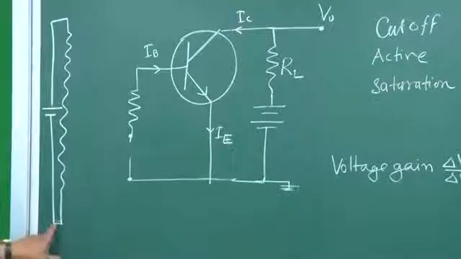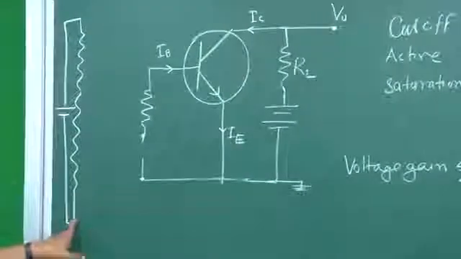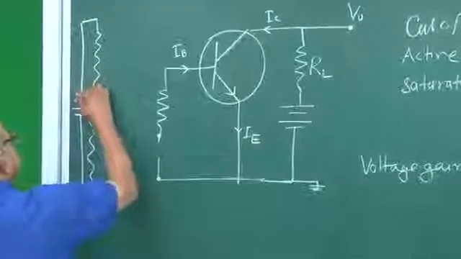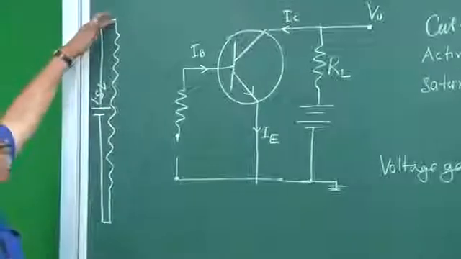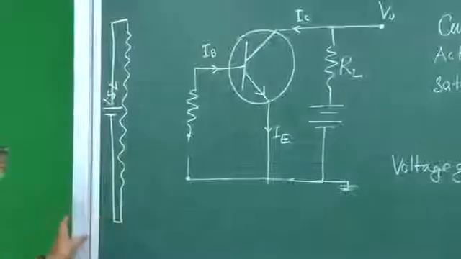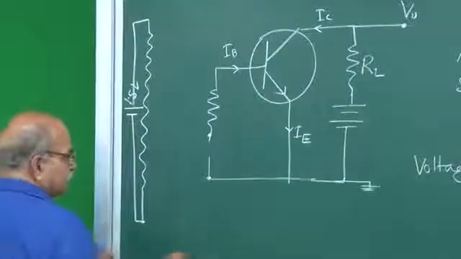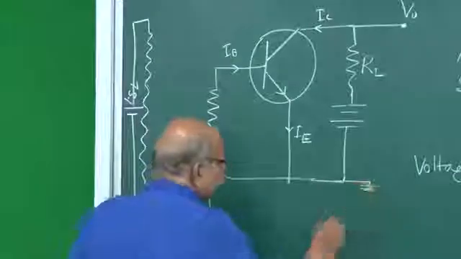We will be putting a switch here, or connecting it at the time of actual measurements, but in the diagram I am showing it connected. So this is the 1.5 volt cell. The total drop from here to here is 1.5, and this negative we will take as the 0 potential. So this is actually connected to this ground.